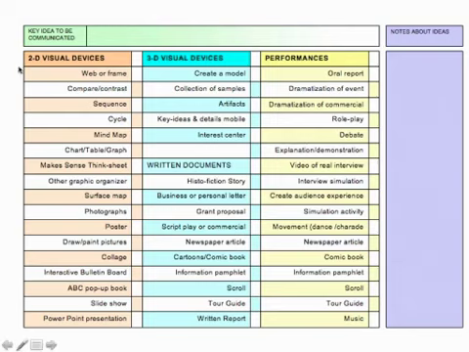For example, there are two-dimensional visual devices like using graphic organizers. There are maps, photographs, posters, collages, ABC pop-up books, etc. And then there are three-dimensional devices they can use, like create a model, collect some artifacts, or develop some kind of interest center.